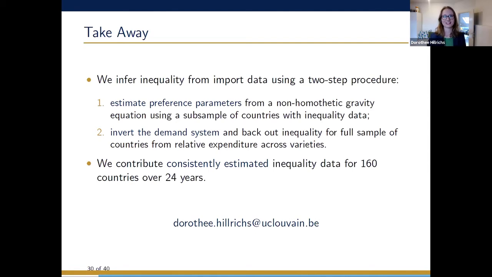So I think it was a bit the other way around. There are some countries where we find, in particular in Latin America, for example, for Chile, inequality levels that are about 8 points higher than what the survey data captures.